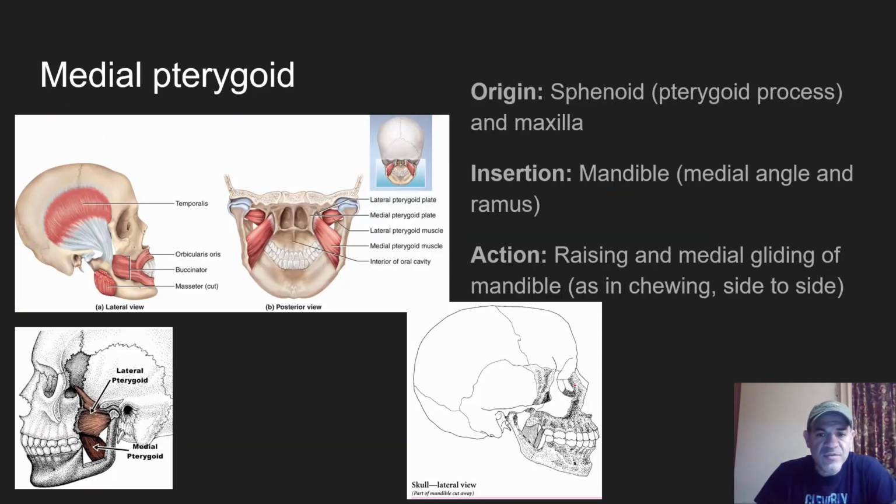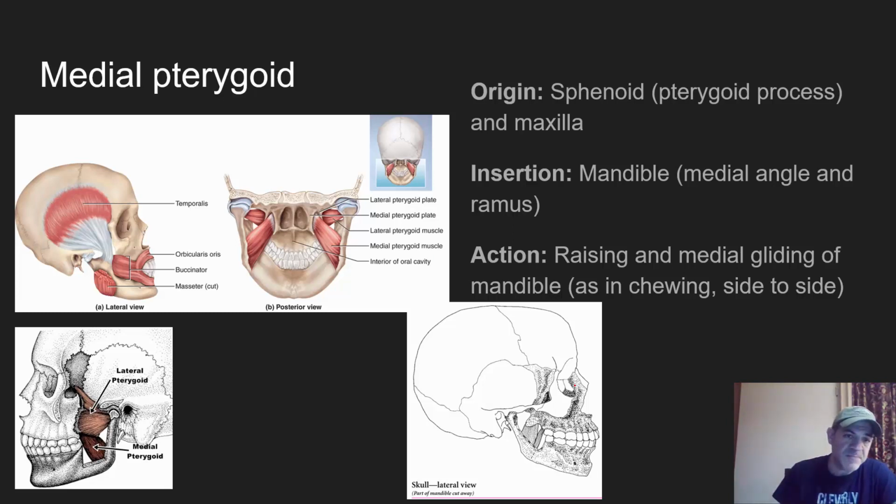Now we have two muscles that can also help close the mandible, so they are synergists to those other muscles that are able to close the mandible, like the temporalis and the masseter. But these are the pterygoids, and for the pterygoids you have to go inward into the face.